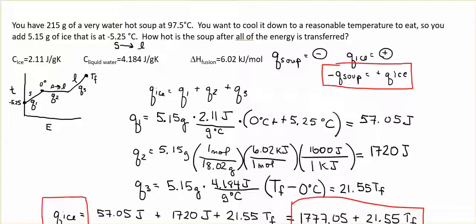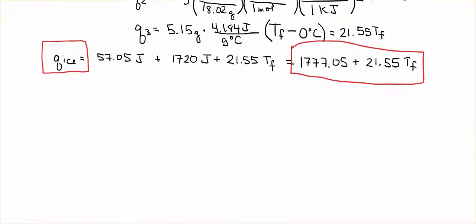You have 215 grams of very hot water soup. I did that so that we could use the specific heat capacity of liquid water here as a close approximation for the specific heat capacity of soup. And it's initially at 97.5 degrees Celsius. So I'm going to do this part in blue.